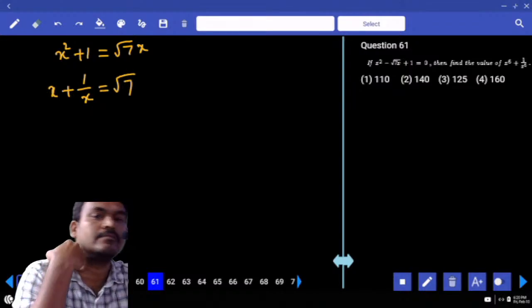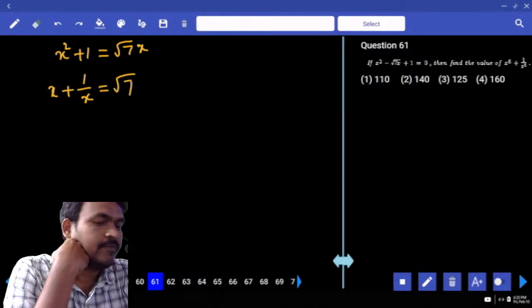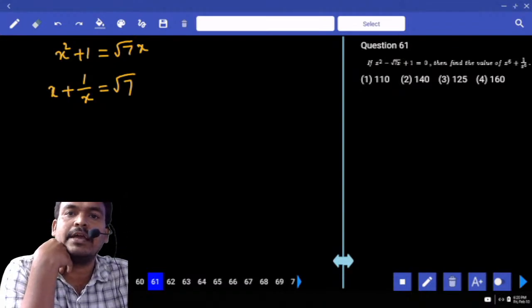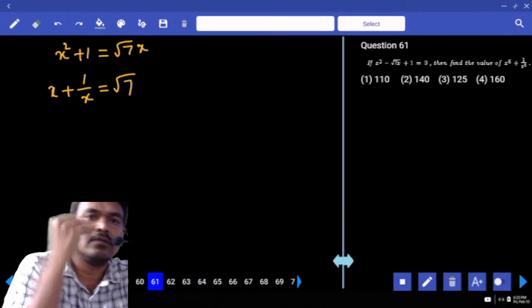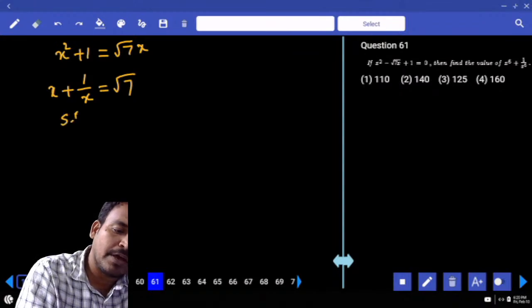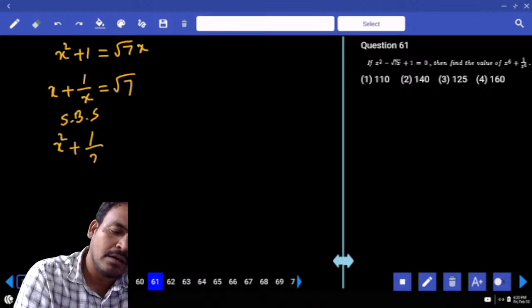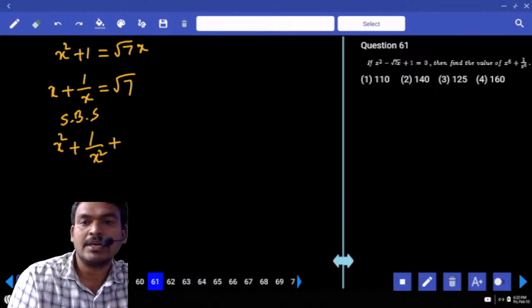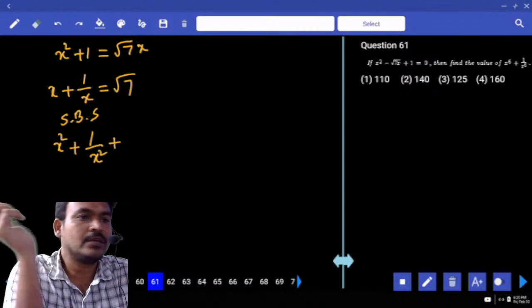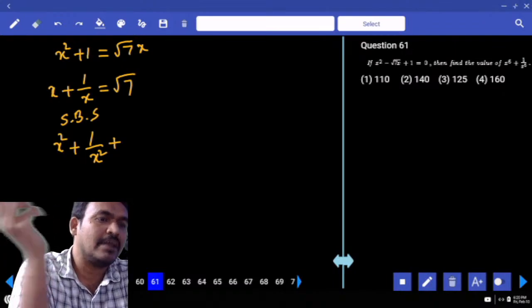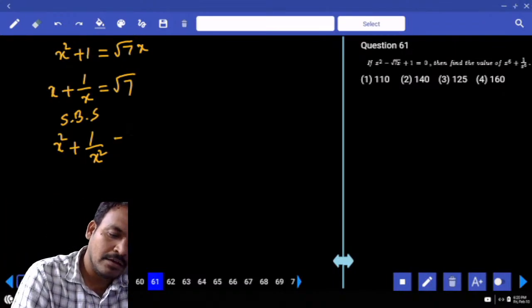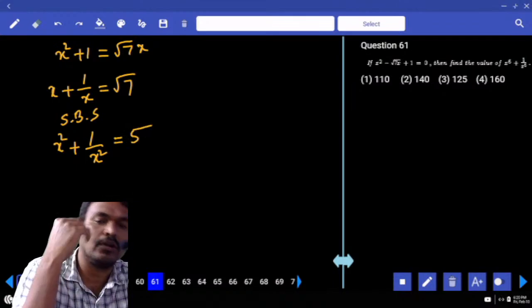Root 7. Okay. First of all, squaring on both sides, we get x square and 1 by x square value. Squaring on both sides means we get x square plus 1 by x square plus 2 or minus 2? Plus 2. Plus 2 becomes minus 2. Root 7 square means 7. 7 minus 2, 5.